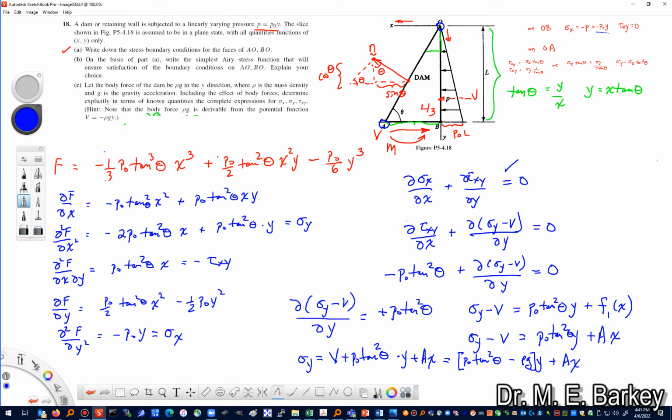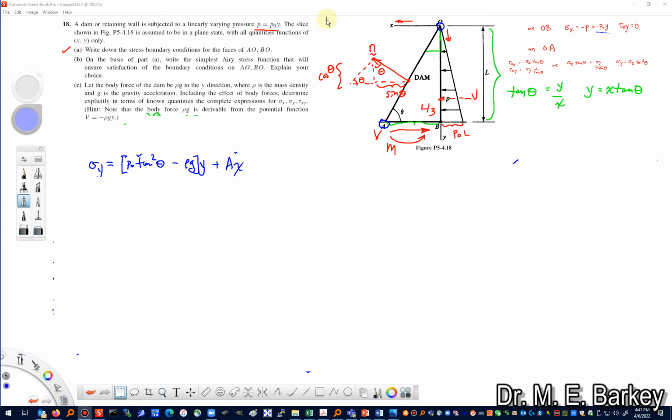Let me get a little room here. All right, so we have an expression for sigma y, but we also know that from over here, in terms of the shearing stress, sigma y is equal to tau xy tangent theta.